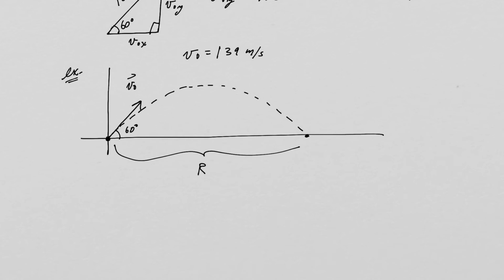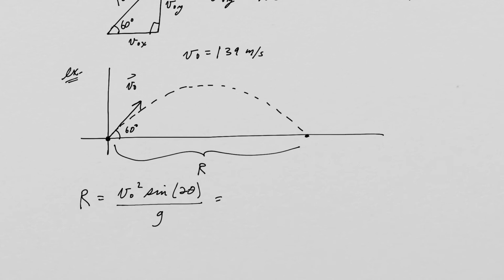So I could ask you to calculate the range. The easiest way to do this is there's a formula for range, where range is equal to V naught squared times sine of 2 theta divided by g. You want to make sure you use the right units. Since the velocity is in meters per second, we're in SI units.